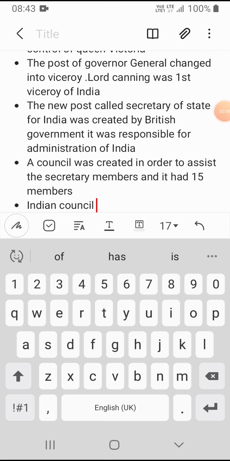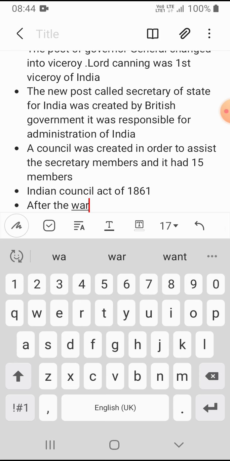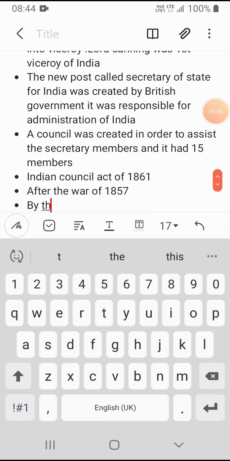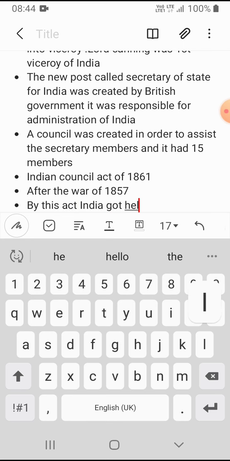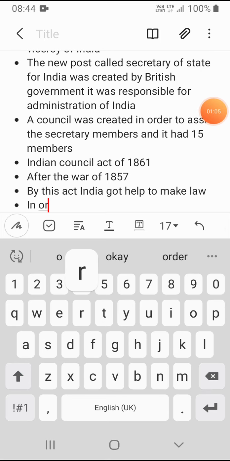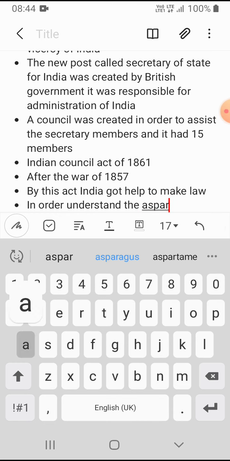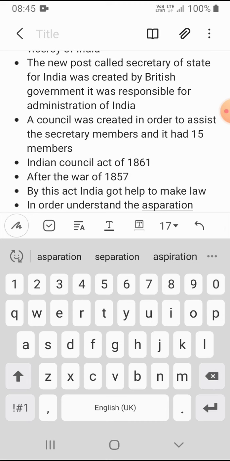The Indian Councils Act of 1861. After the war of 1857, by this act, India got help to make law, in order to understand the aspirations of India.